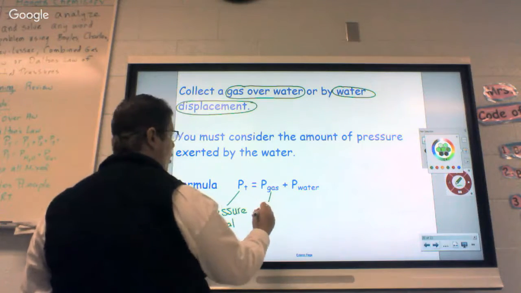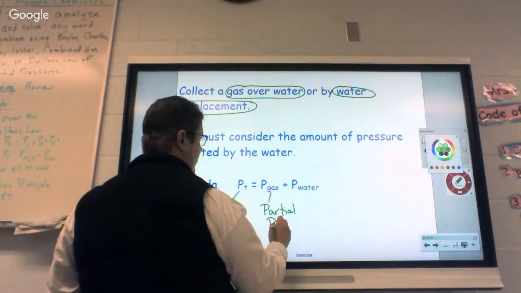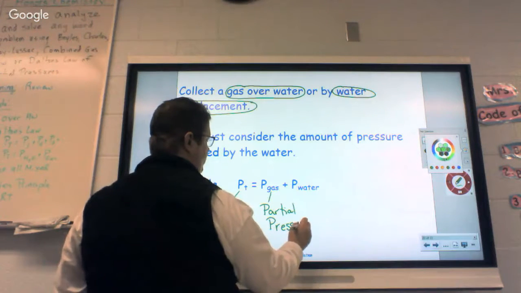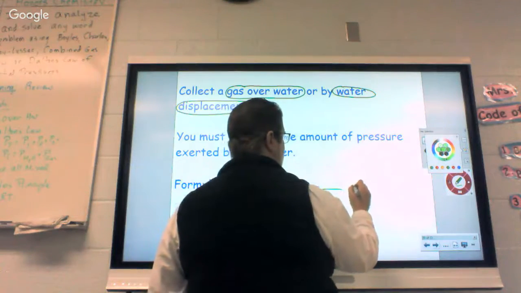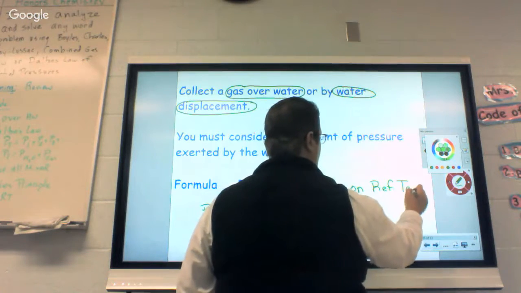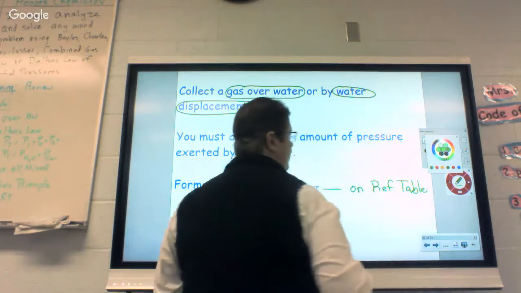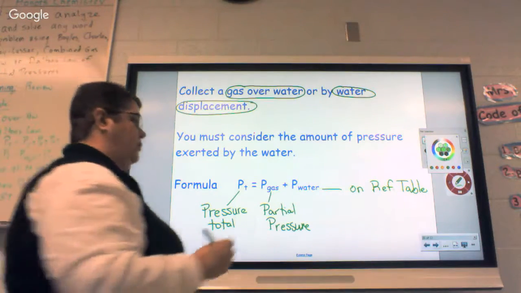This is partial pressure. And this last one is a new one. This is the pressure of water. This is found on a reference table.